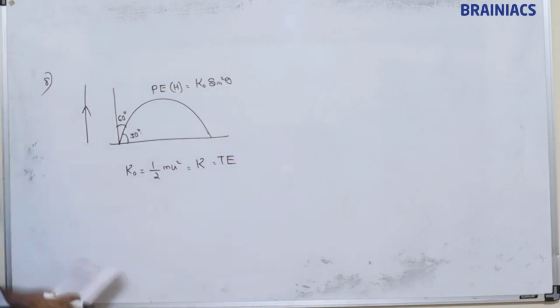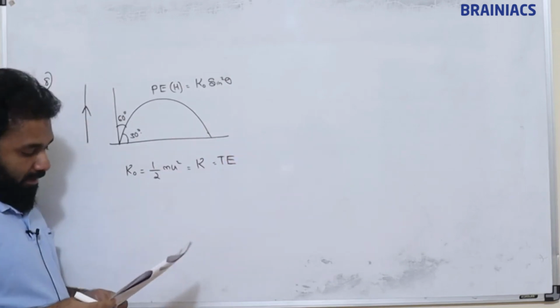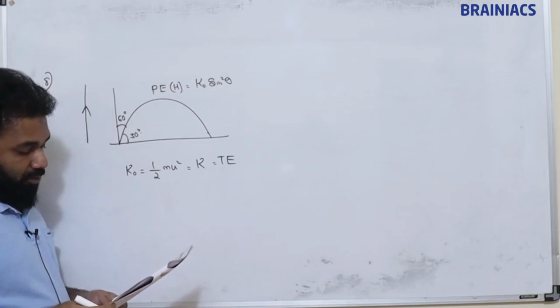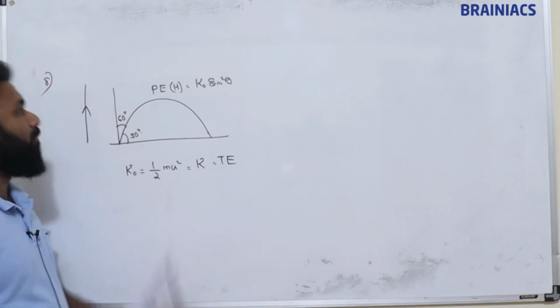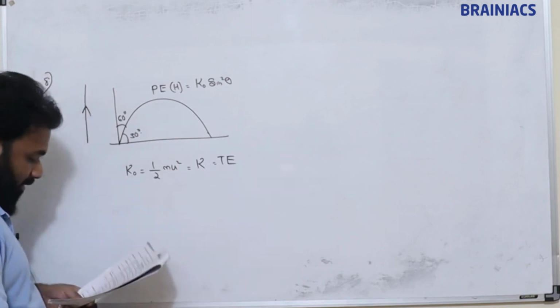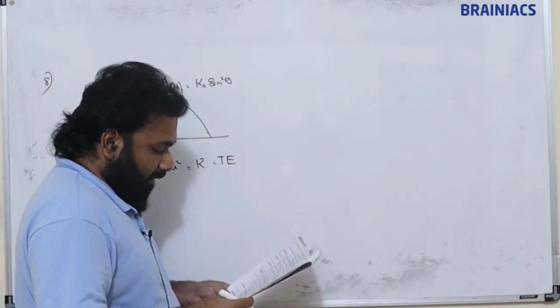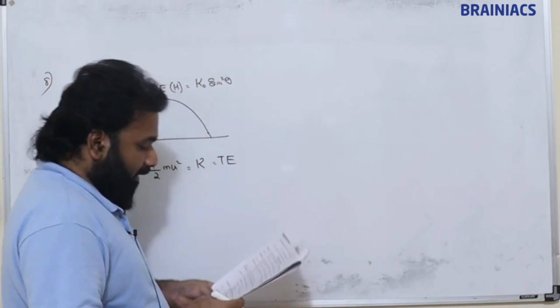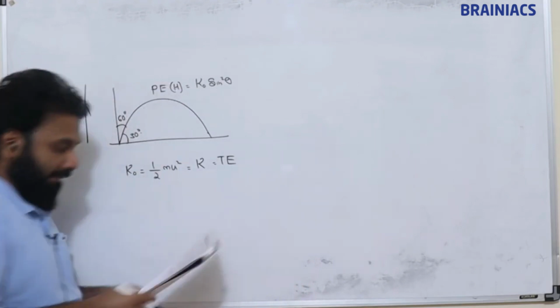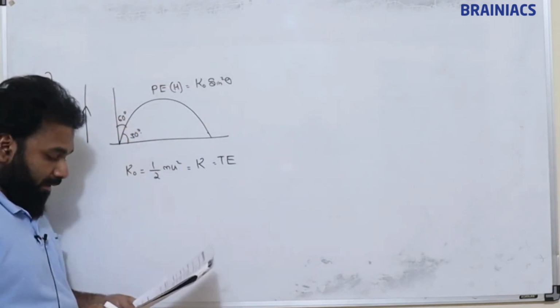So the question is the ratio of their potential energy at the highest point. Two angles are there, one is 90 degree, the other one is 30 degree, not 60 degree. 60 degree is this one, but we need to consider 30 degree.